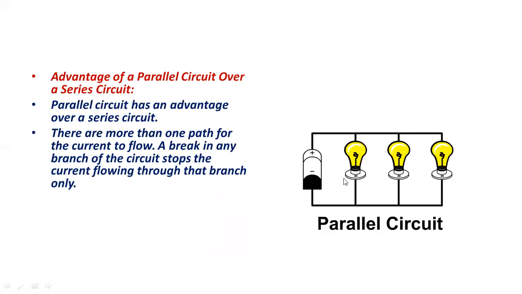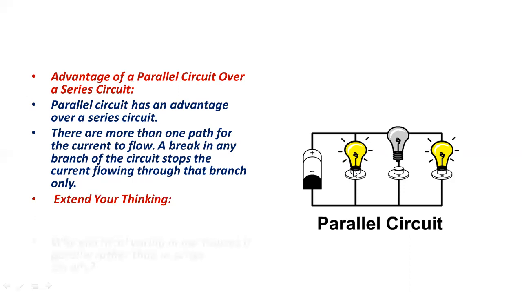You can see here, by removing one bulb, the current stops only in this branch, while the bulbs in the other branches remain lit up, nothing will happen to them. At the other branches, the current will continue to flow.